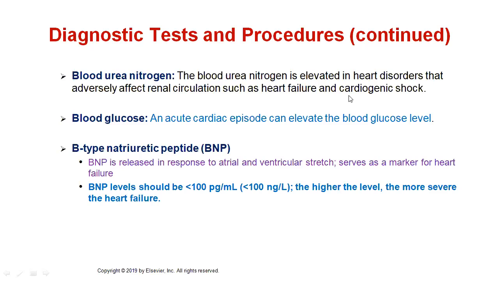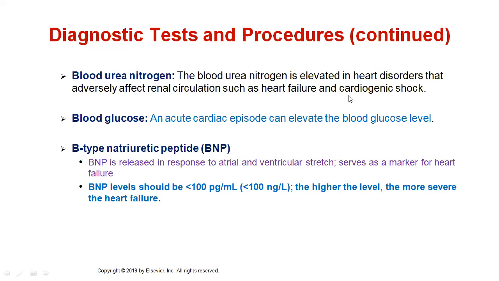If patient has a heart problem, we also check the blood chemistry like lipid profile, right? Triglyceride, cholesterol, everything. Blood glucose. Everybody knows if patient is diabetic, blood glucose level goes up, right?